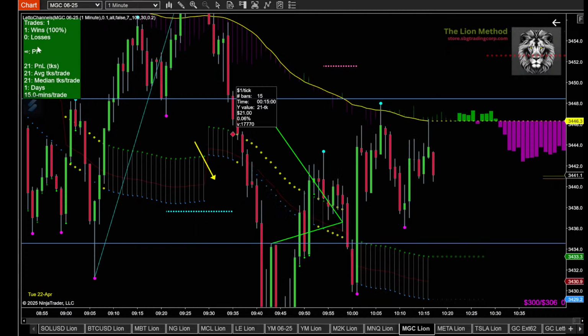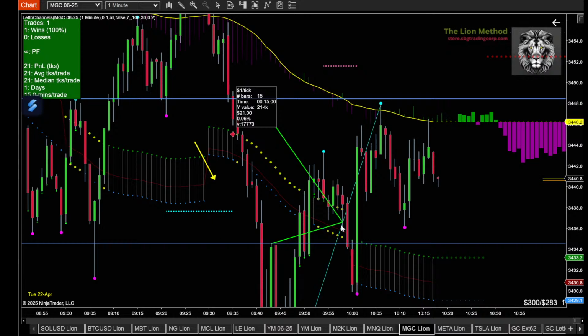So this little box up here, I don't know if you've seen it, the green box right now, that auto summarizes my rulers. Whenever I draw a ruler and the ruler line is green in color, that's a winner, and it will put the win up here. It shows the 21 tick win, 21 tick P&L here. It tells us how many minutes per trade.